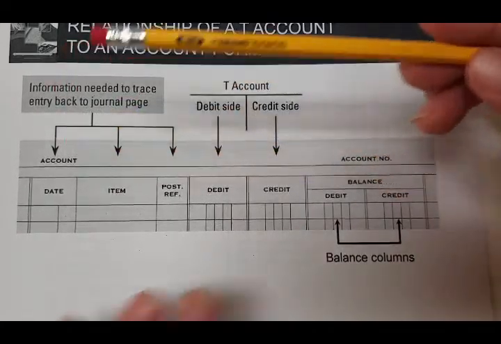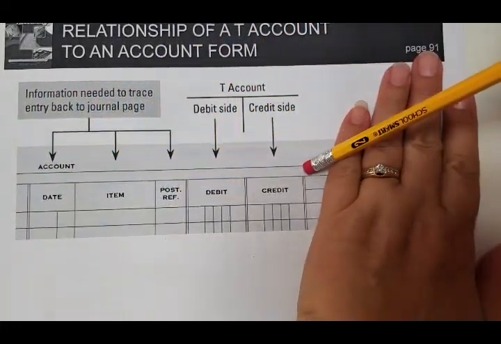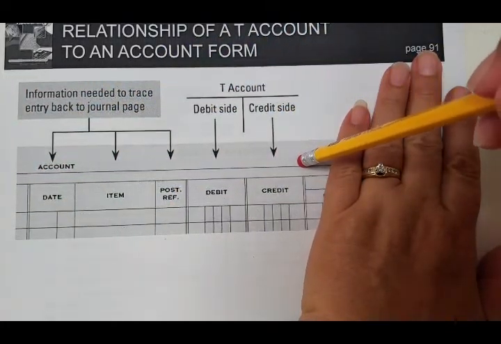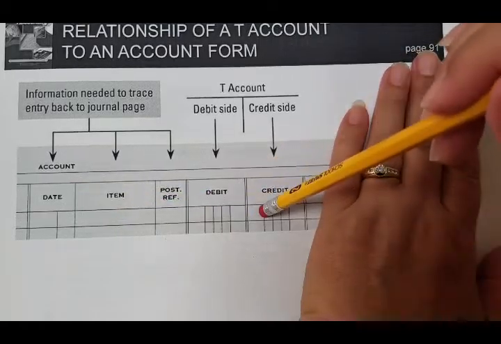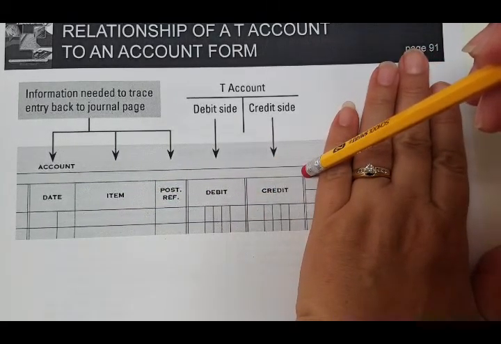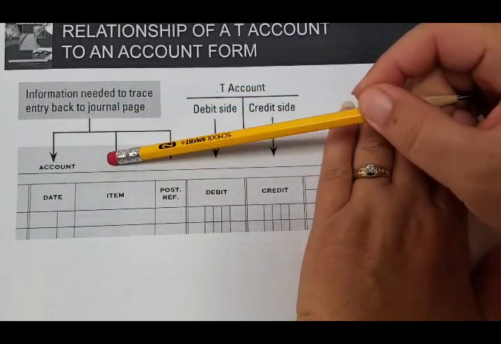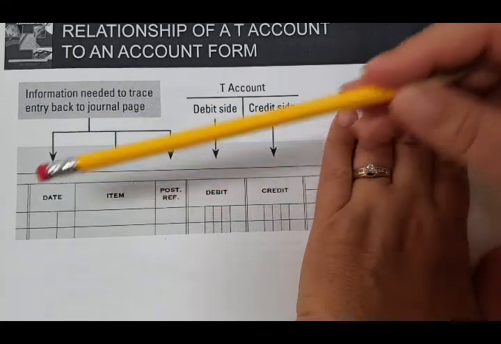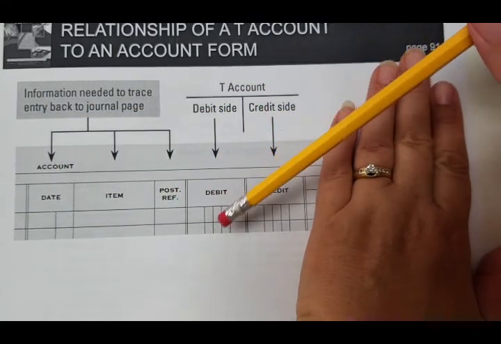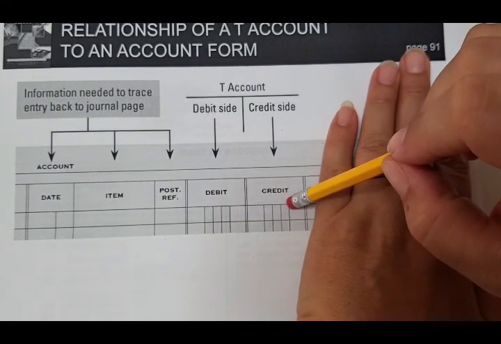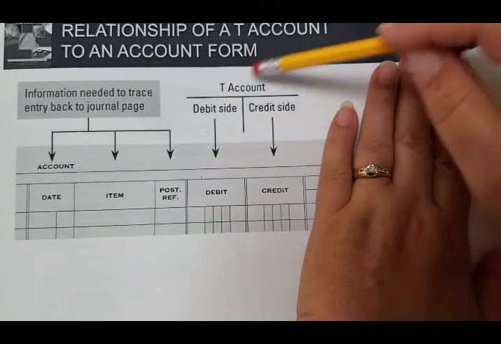Basically, this half here is what we have been using. This represents almost exactly what you had on your journal or on your T account. So if this was cash, we would have the date, and then either the debit or the credit column. This represents just your T account.